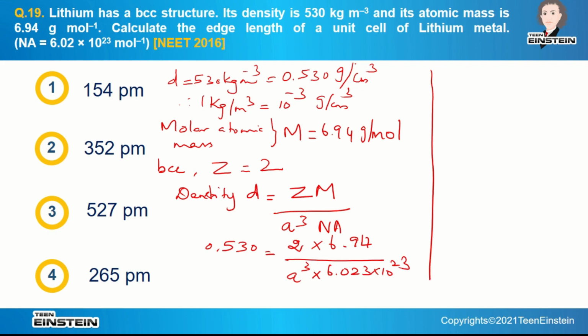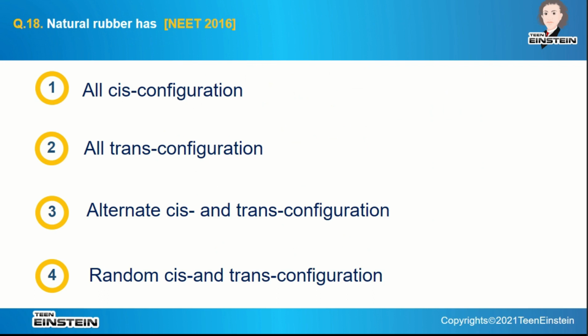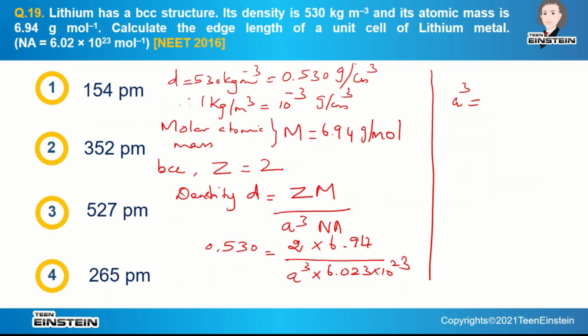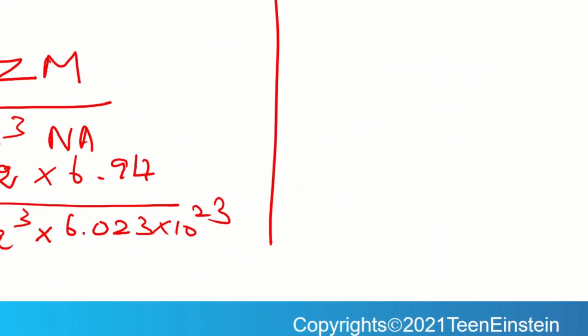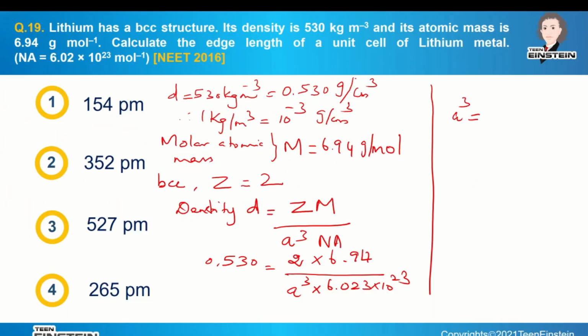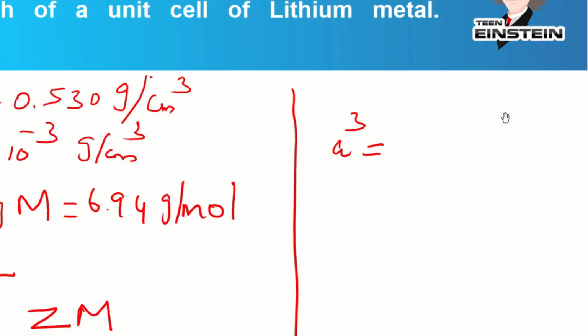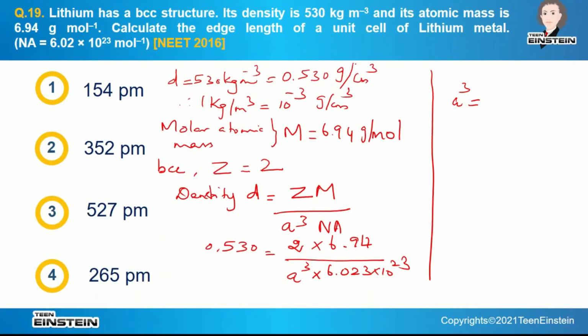So a cube, that is the edge length cubed, is equal to 4.34 into 10 to the power minus 23.